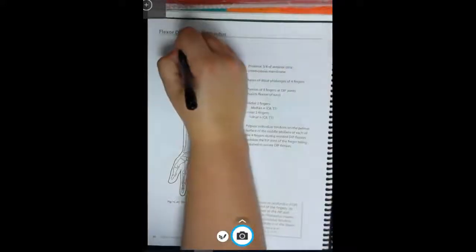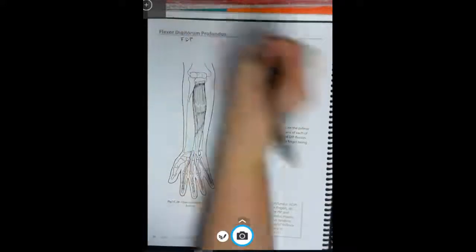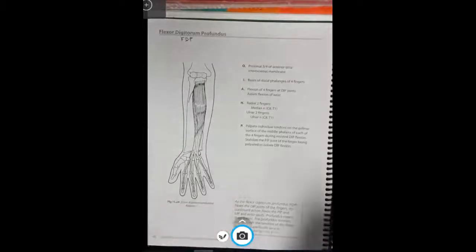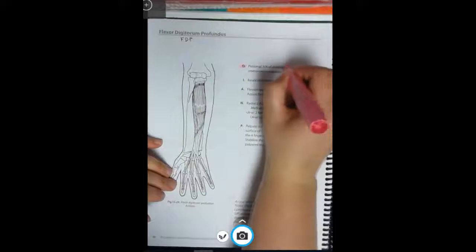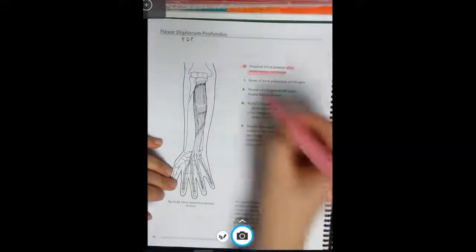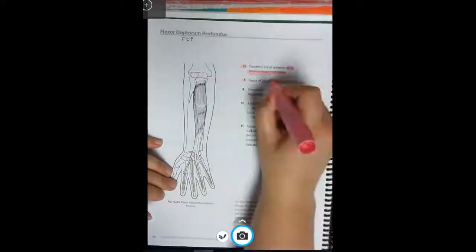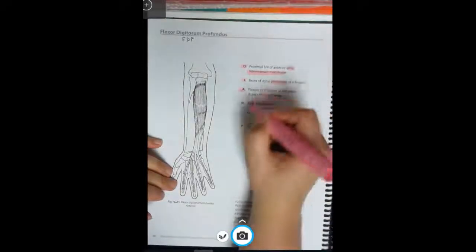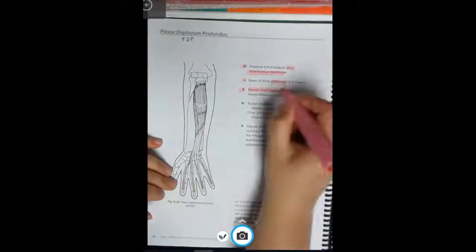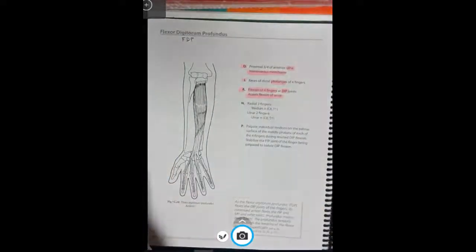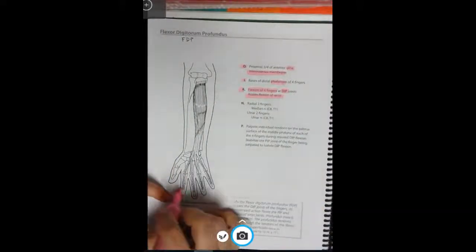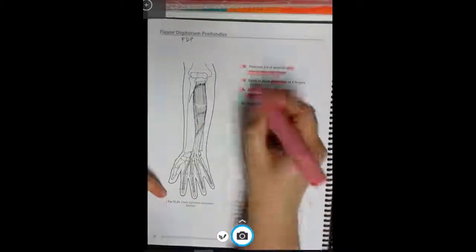So we'll do FDP. This is your profundus. It lies deeper than the superficialis. We have the ulna and interosseous membrane, inserting onto the phalanges. Its action is flexion of DIP. Make sure you got that. And it assists with wrist flexion. So here's your DIP joint right there.